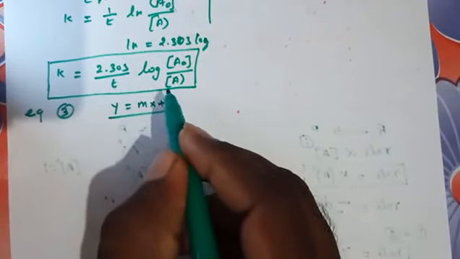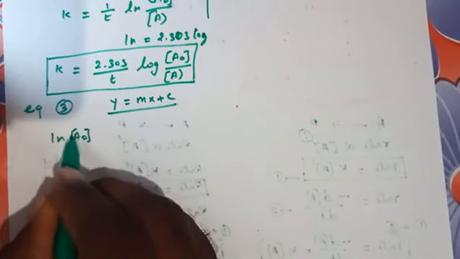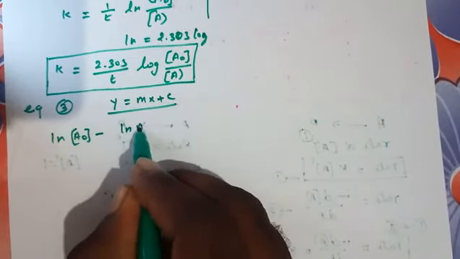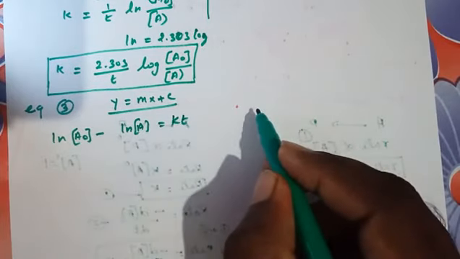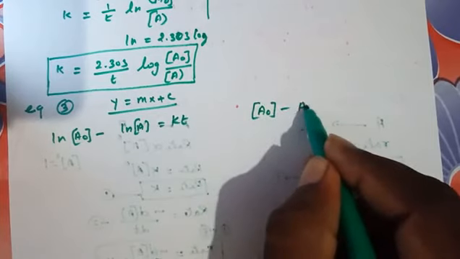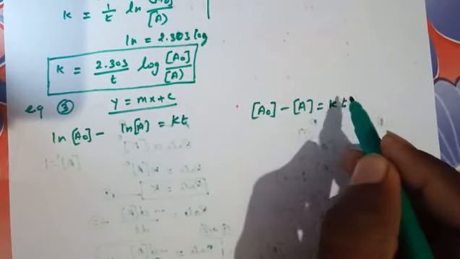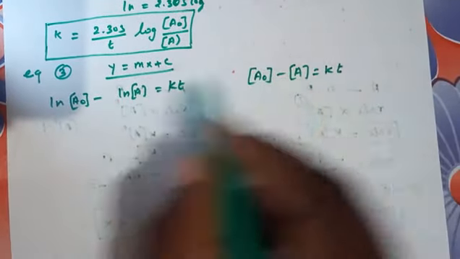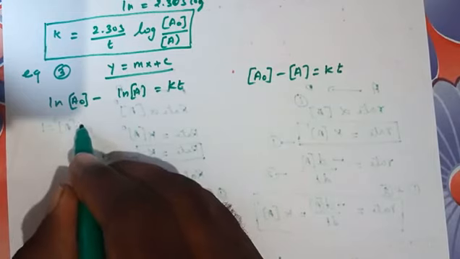Equation 3 for a first order reaction is nothing but ln A0 concentration minus ln A concentration, which is equal to Kt. Similarly, for a zeroth order reaction, A naught concentration minus A concentration is equal to Kt. Just rearranging this equation, we get ln A.